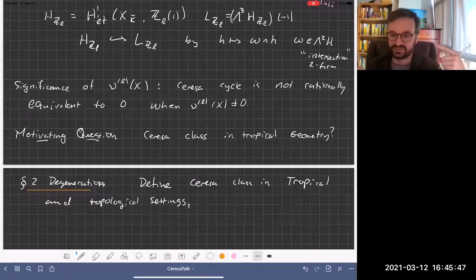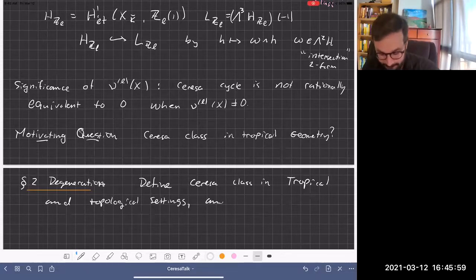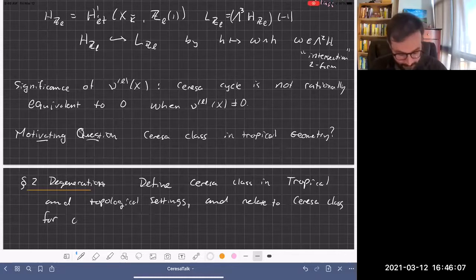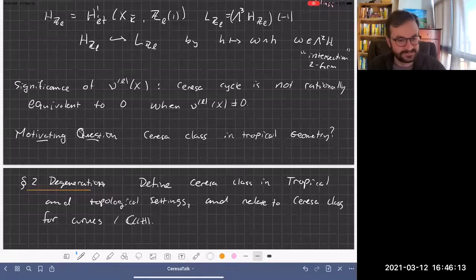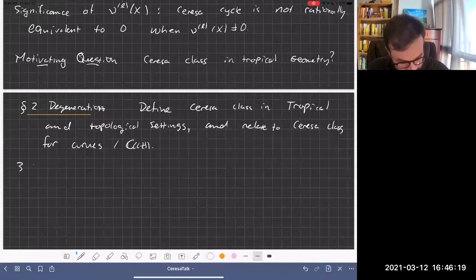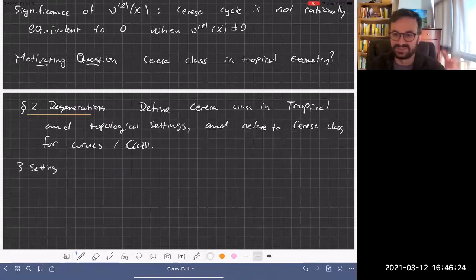And more than just developing an analogous notion of a Ceresa class in these two settings, we actually relate the Ceresa class in these settings to the original definition. So these three settings are going to be related to each other, and we're going to view degeneration in these three different settings.